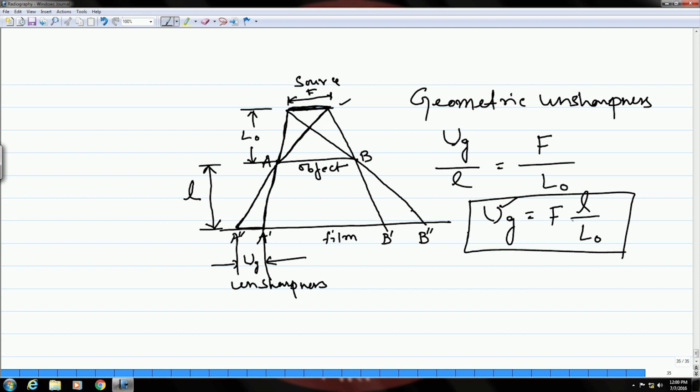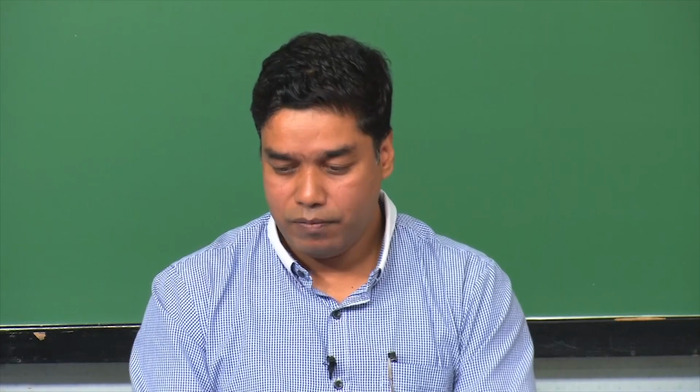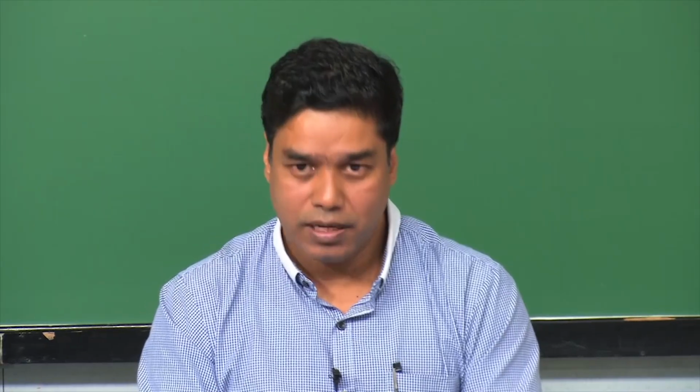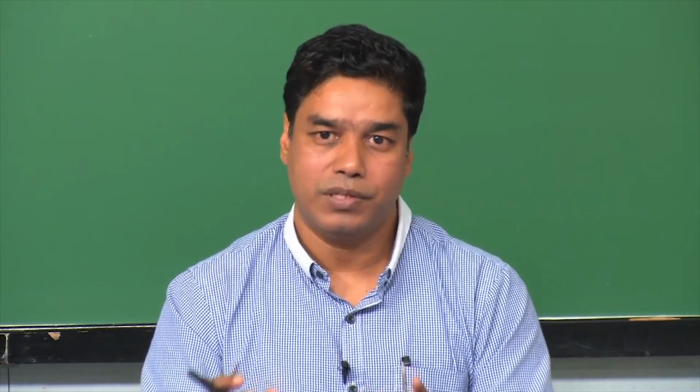And according to this particular equation, you can see that UG can be minimized if you could minimize f, keeping the other two same. For a particular focal spot size, you can either minimize l, that is the distance between the object and the film, or you can maximize L naught. Okay. So, these are the 3 choices that you have to minimize the unsharpness and get the best quality image.